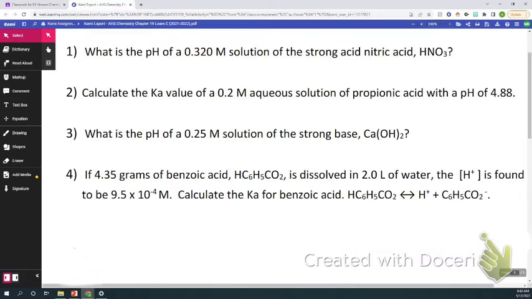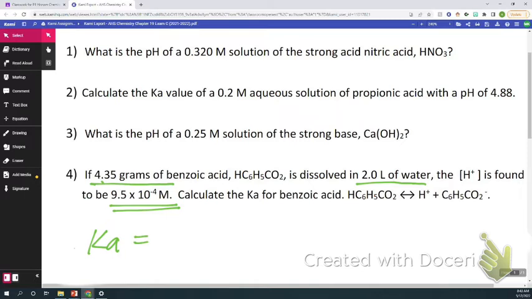All right, so number 4. 4.35 grams dissolved in 2 liters of water is found to be the H plus. They gave me the H plus. Calculate Ka. This is kind of easy too.